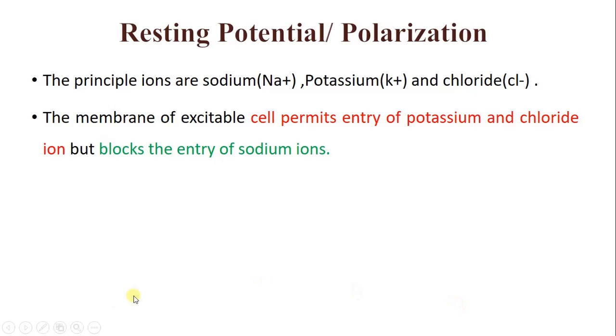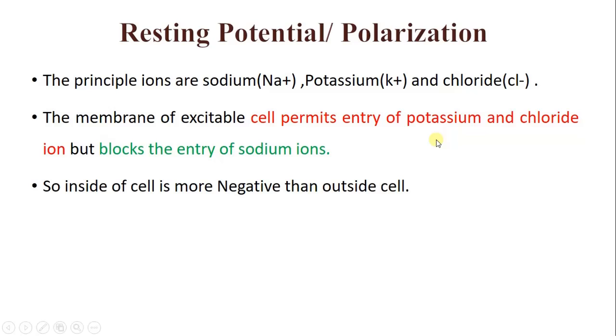So the membrane of an excitable cell permits entry of potassium, that is K+, and Cl- ions, but it blocks the entry of sodium ions, that is Na+ ions. So Na+ ions will be outside the cell, and the potassium K+ and chloride Cl- ions will be allowed to pass inside the cell.